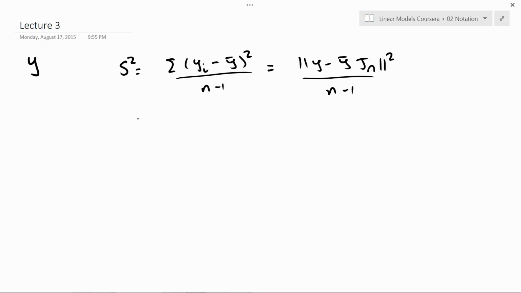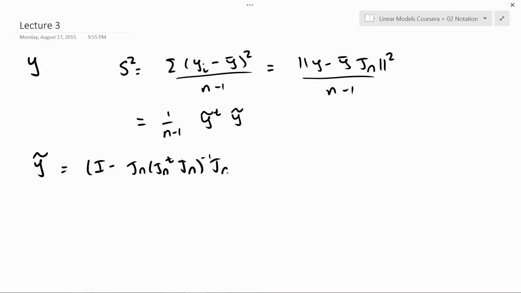So that is exactly equal to 1 over n minus 1 times y tilde transpose y tilde, where y tilde is the centered version of y. So that could be written as I minus jn transpose jn inverse jn transpose times y.